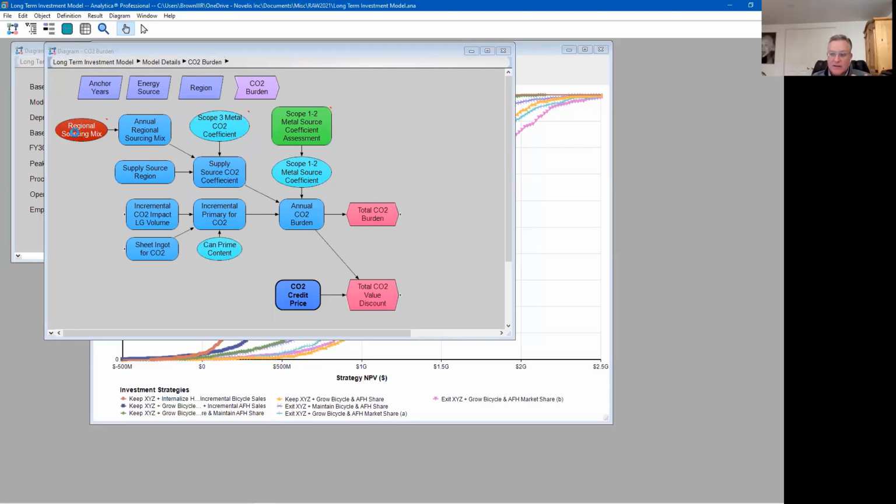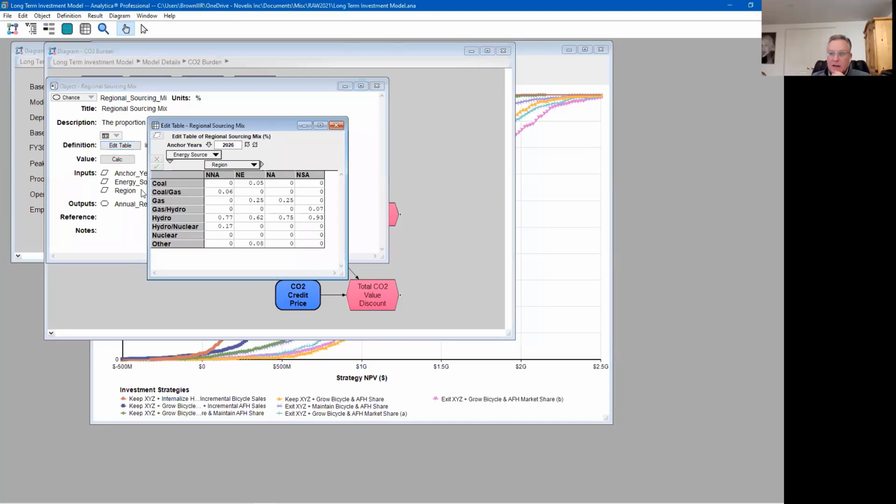So I'll click this regional sourcing mix button, and you can see what we have here is the prime source mix for each of these energy sources associated with each of the regions.